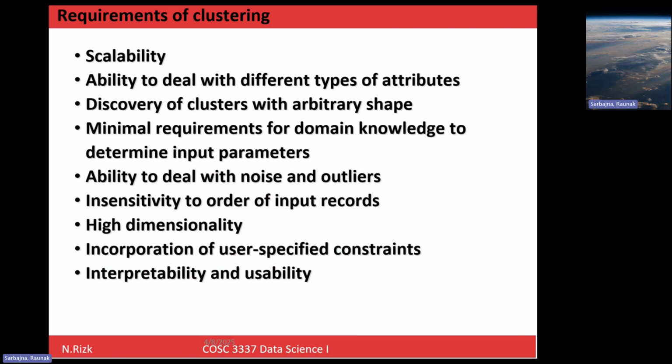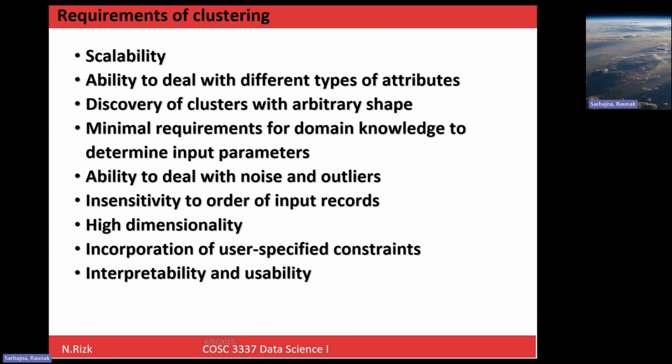You need to have some amount of domain knowledge to figure out whether what you are seeing makes any sense or not. You have to have some ability to deal with outlier points and noise points. It has to be insensitive to the order of input records. So even if you shuffle the input data, your clustering shouldn't change.